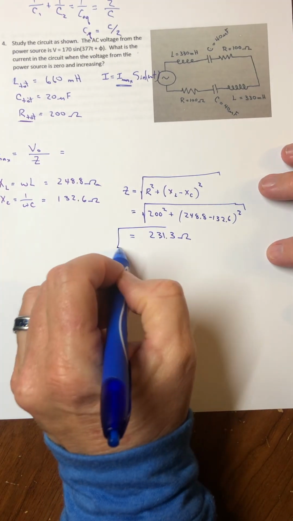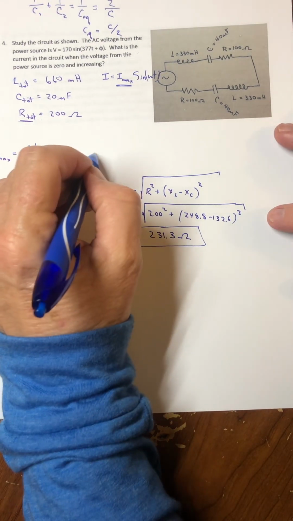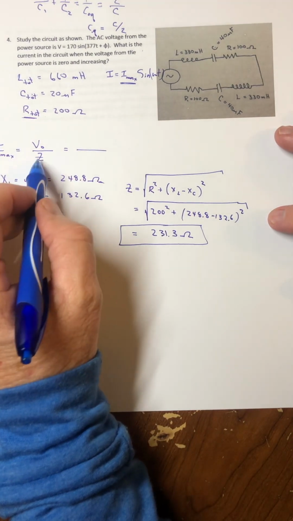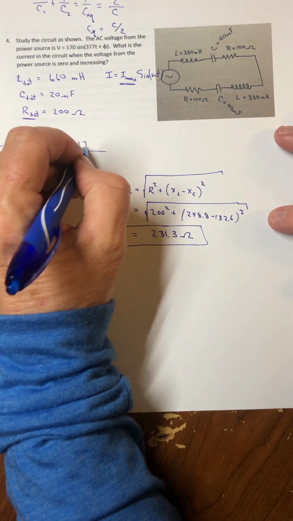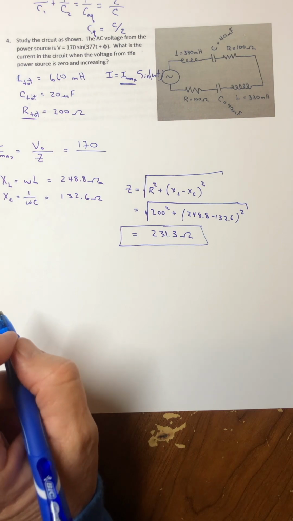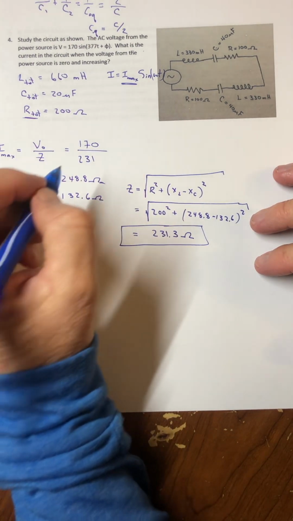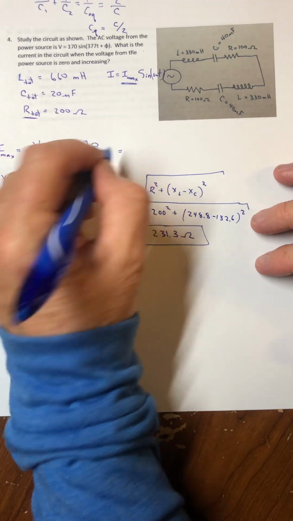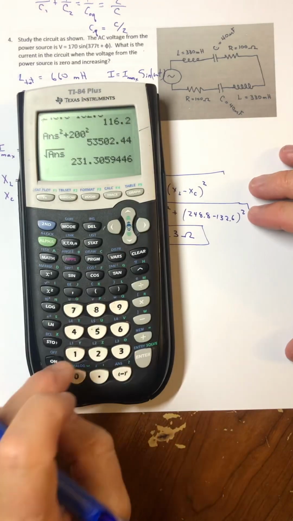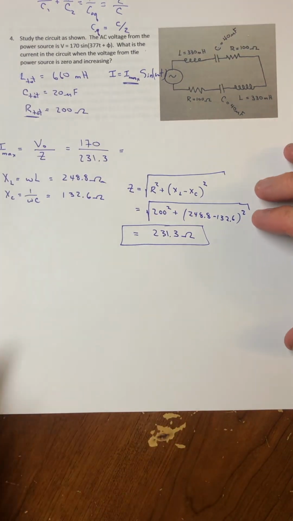And so there is my impedance, which means now I can finish kind of what I was starting up here, that the maximum voltage is 170, and the impedance is 231.3. So 170 divided by the last answer.